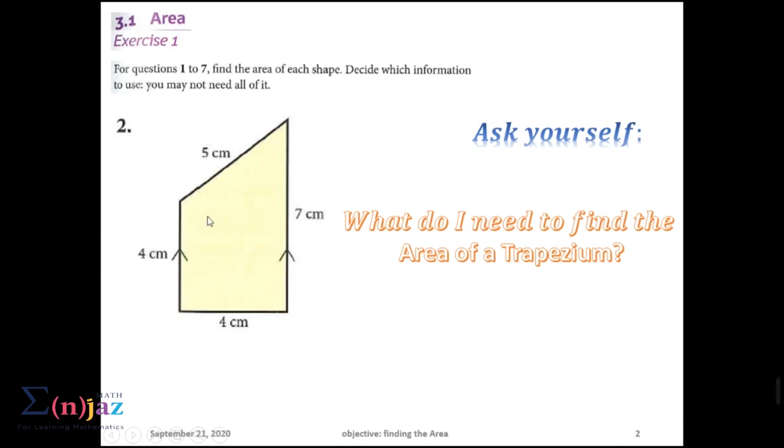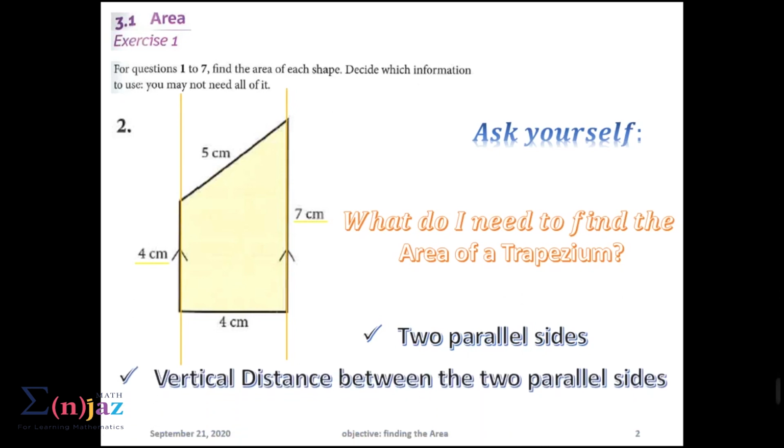Vertical means the distance that creates a 90-degree angle with both sides. So we highlighted the two parallel sides and underlined them, and we're going to use these two numbers to calculate the area of this trapezium. And we need the vertical distance between the two parallel sides.